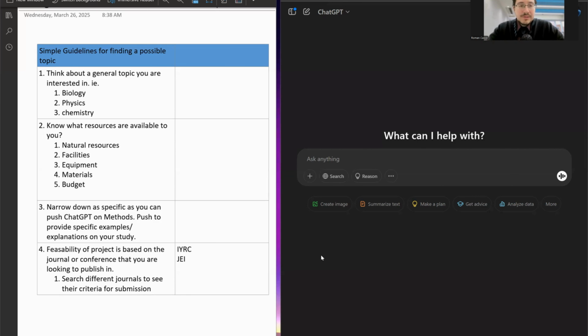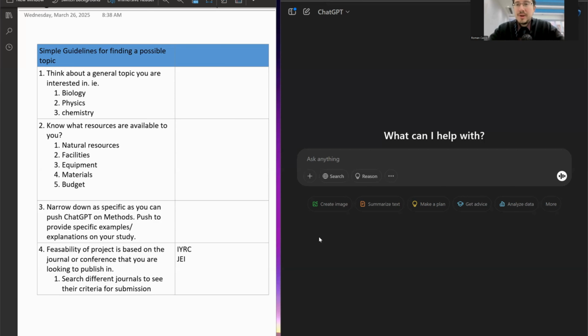And the first thing you want to do is think about, in general, what topic do you like, right? Do you want to do some scientific study in biology, in physics, in geology, in chemistry, whatever topic you're interested in? You're going to create a prompt that will tell ChatGPT that you're interested in this particular topic, and you specify the context of who you are in terms of a student, right?